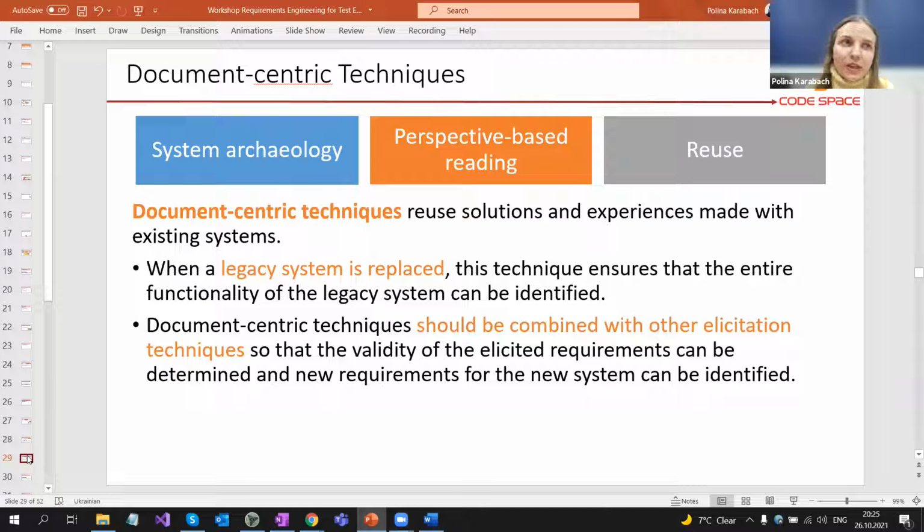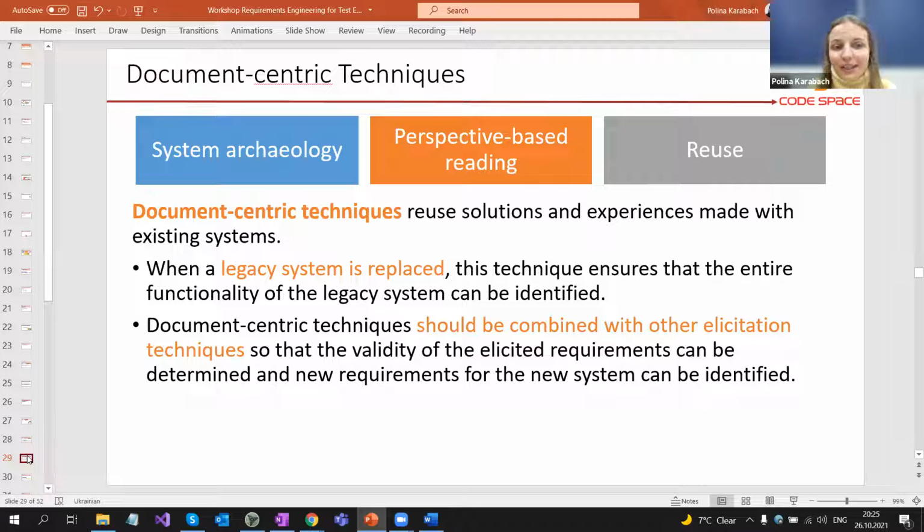And reuse is an approach where we are reusing part of the existing documentation. If we have a very nice, representative documentation of the previous version or the previous system, we can partially reuse it with a review, but not create it from scratch.